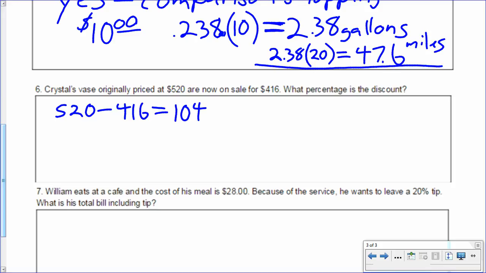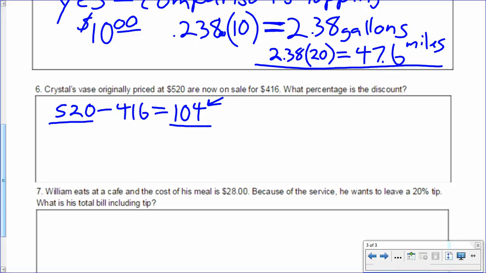So, if we paid $104 less, we want to know what part of our original price is this 104, because this is the price of the discount. This is the actual amount of the discount.